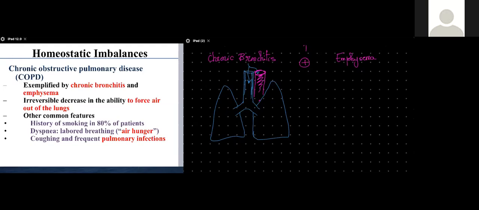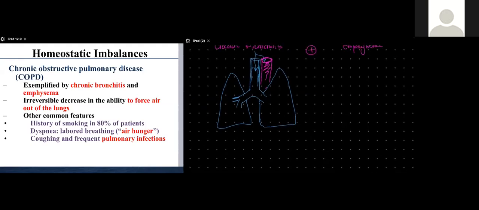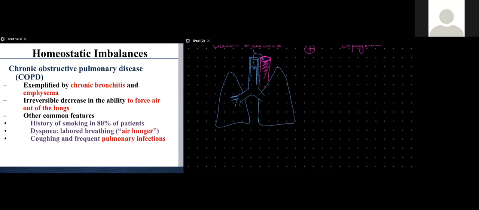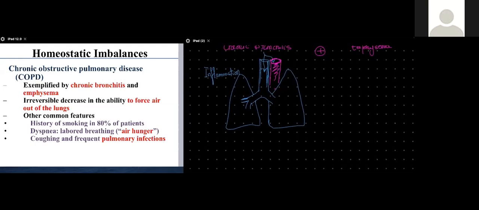And how does your body usually respond to any irritation? Your body responds by developing inflammation. Remember, from immunity, inflammation summarized in one word is vasodilation. You dilate the vessels.